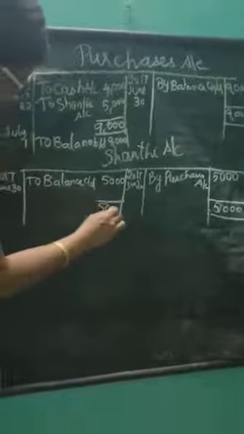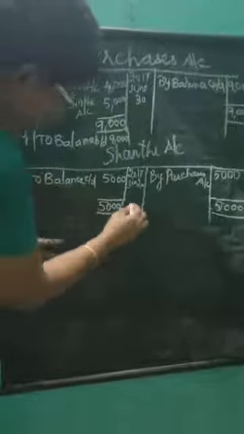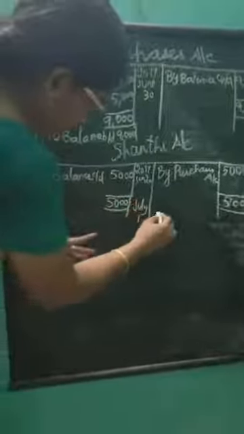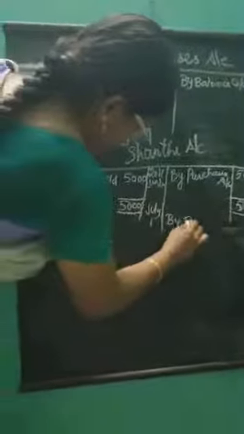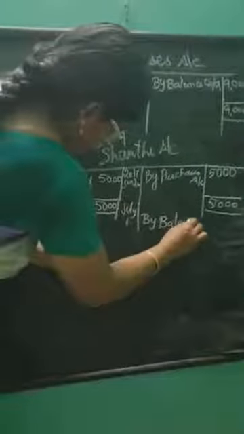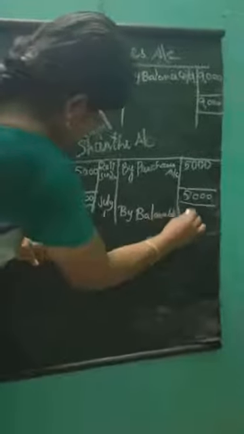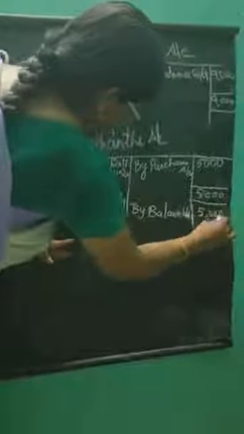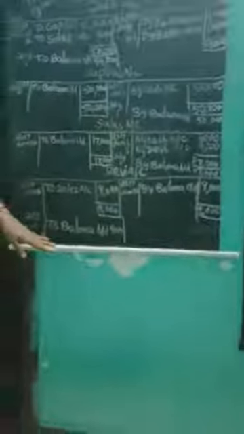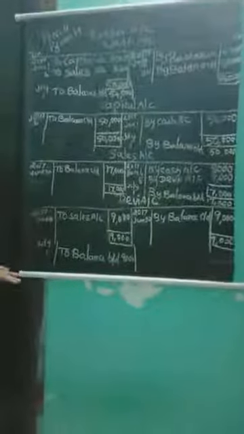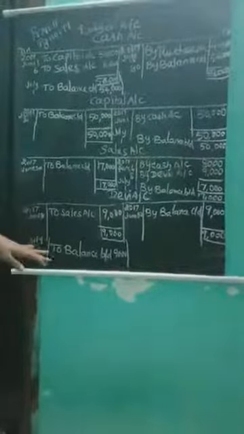So let us balance, bring it down on July 1. By balance brought down 5,000 rupees. So I have completed, I have balanced all the accounts. Have you all clear how to open the direct entry? It is very easy. You can try this.